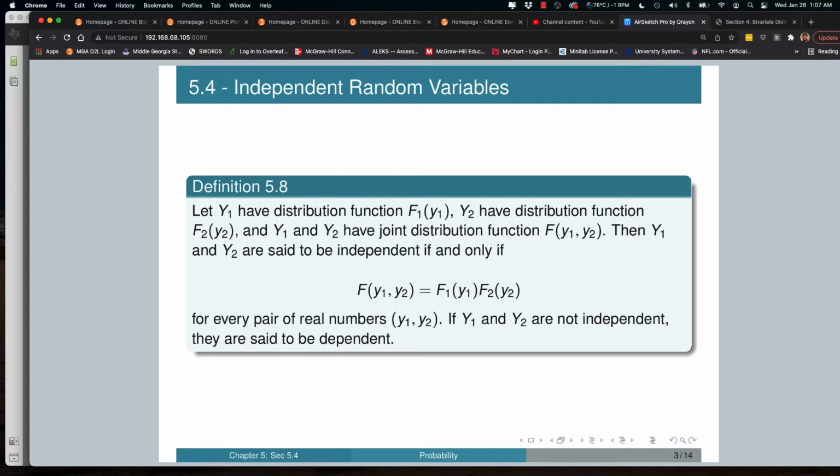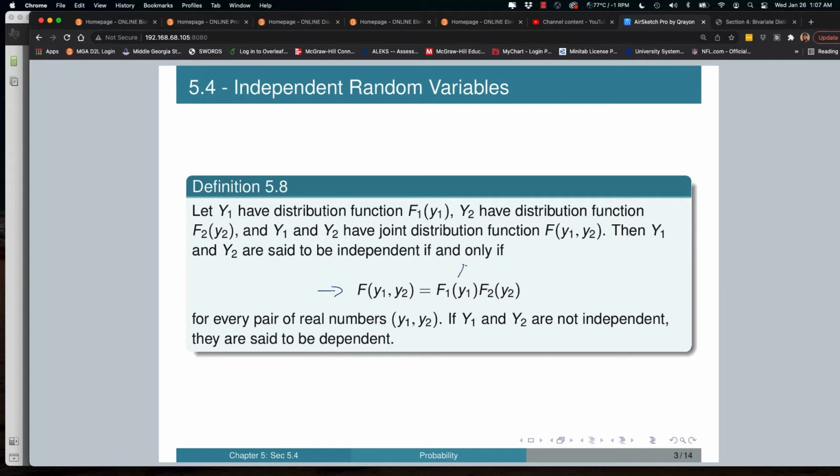This first one basically says if you have a distribution function, capital F sub 1 of y sub 1, for the random variable y sub 1, and similarly for y sub 2 you have a distribution function, capital F sub 2 of y sub 2, and for y sub 1 and y sub 2 you have the joint distribution function, F of y sub 1, y sub 2, then those two random variables are said to be independent if and only if, very similar to the formula we've been seeing, the joint distribution function is equal to the product of the two marginal distribution functions.